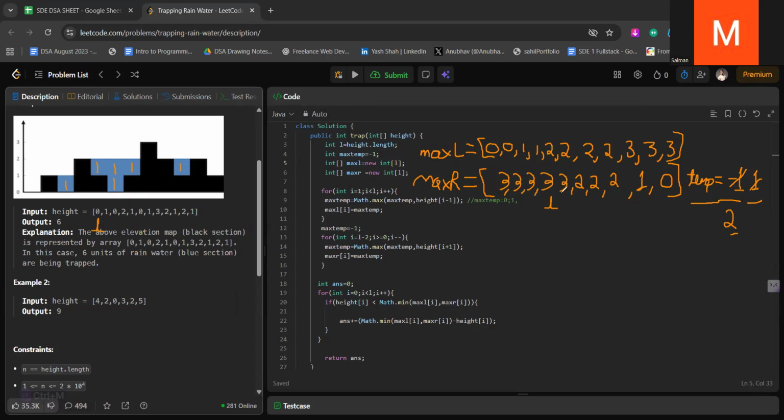Another 3. So let me paste this one also.